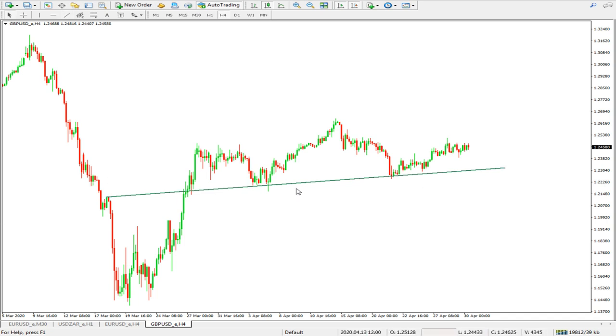This is, of course, a very good trend line, and then you have one from the top. So basically, if the price goes above any of these levels, then retraces back, we'll expect a buy. If the price fails to go above this trend line, then this could be a good place we want to pick a sell from up to the next level, which is this one. So we have this support here.